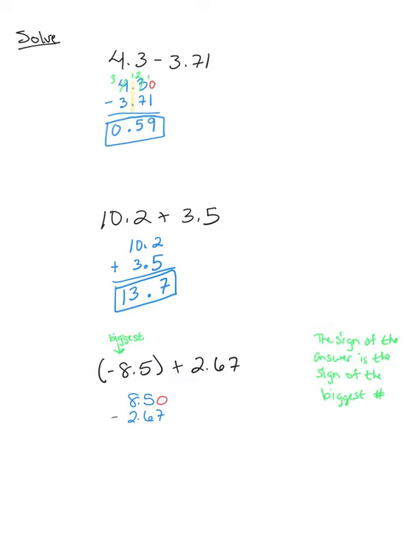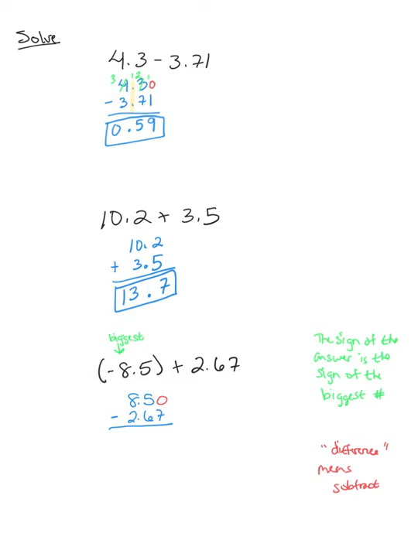You're going to subtract the 2, because when you have a negative plus a positive or a positive plus a negative, you're looking for the difference. And remember, the difference of something means subtract. All right, so let's do it.